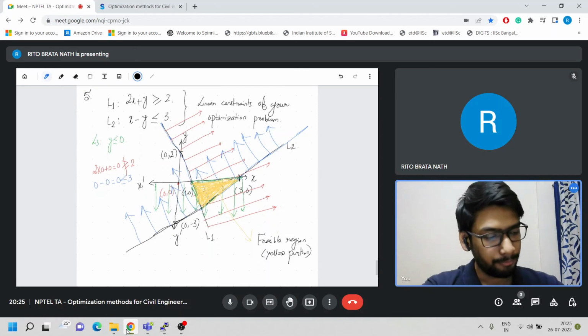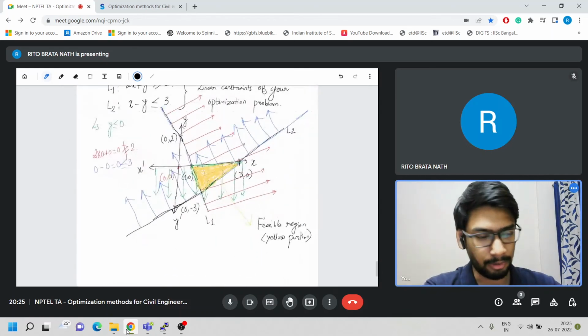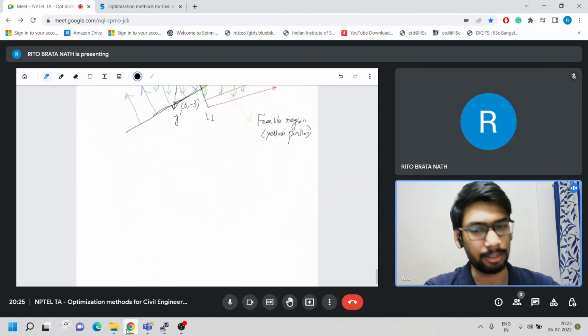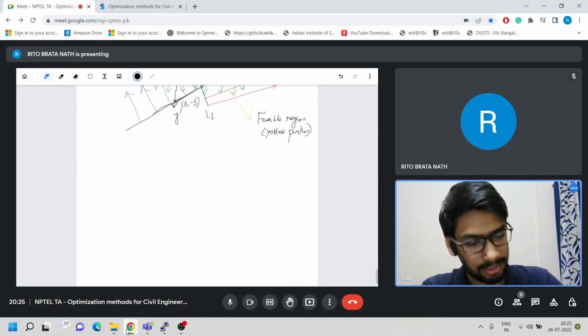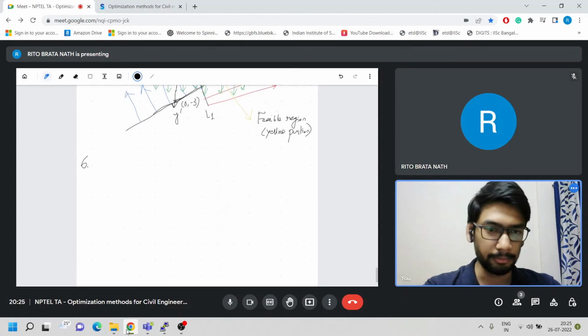So I still have some 5 minutes of my time, so probably I can solve another problem. So that's the sixth problem, and this problem is again a practical mathematical problem that you may have encountered in your class 10th or 12th standard.